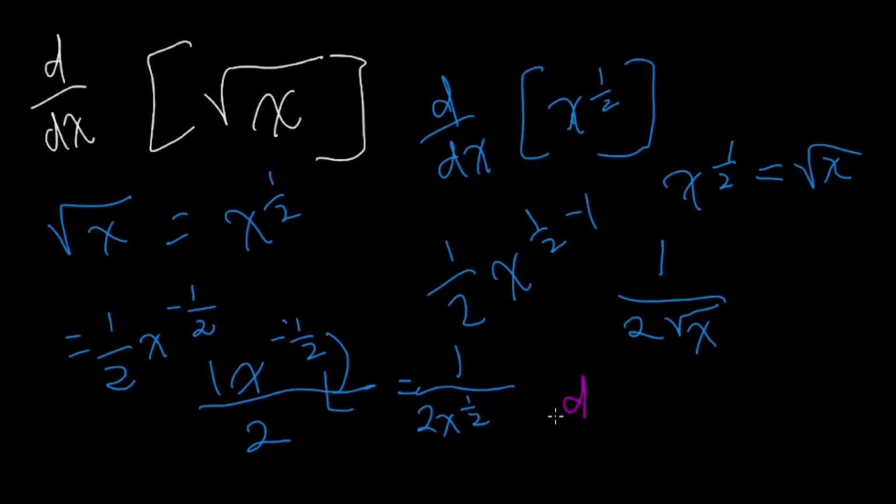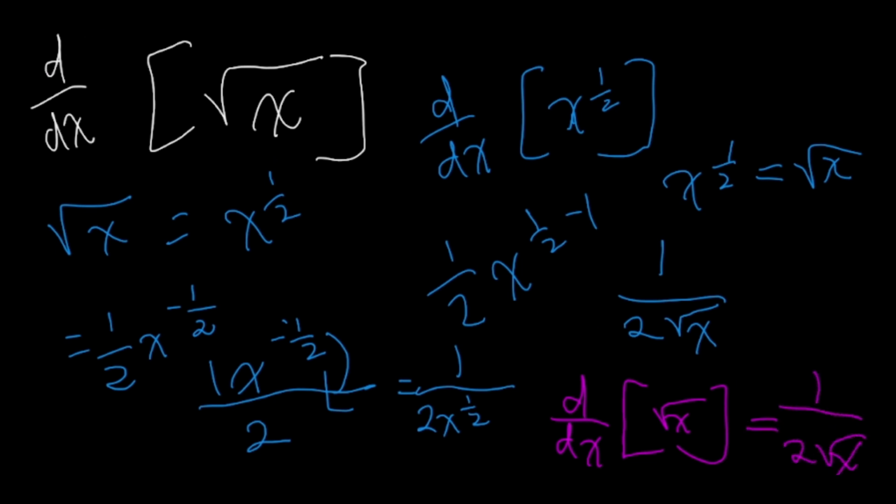So the derivative of the square root of x is equivalent to 1 over 2 times the square root of x. All right, that's it.